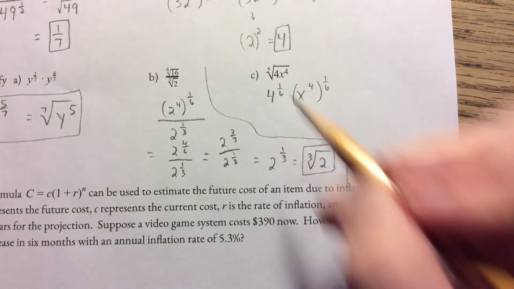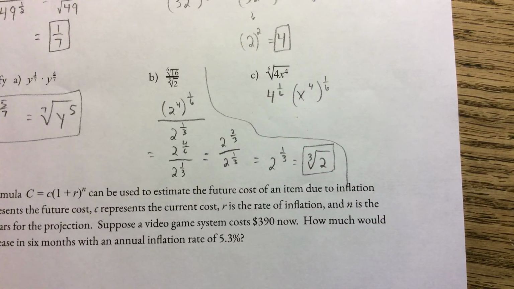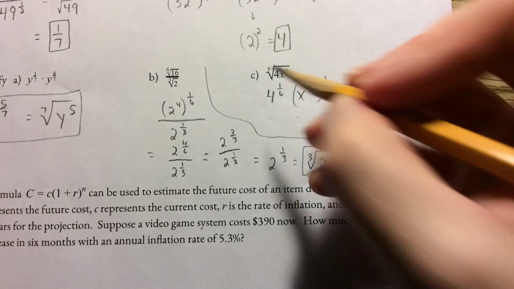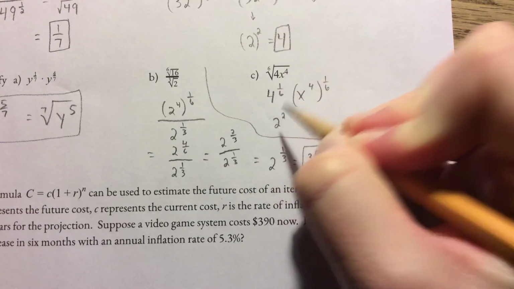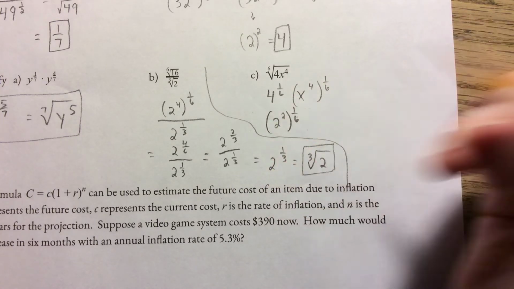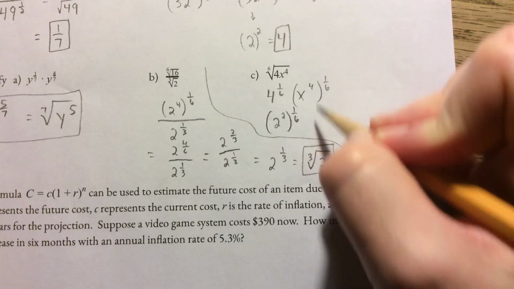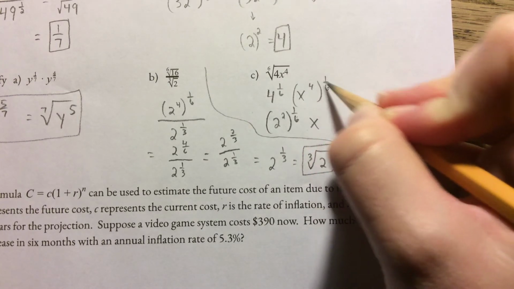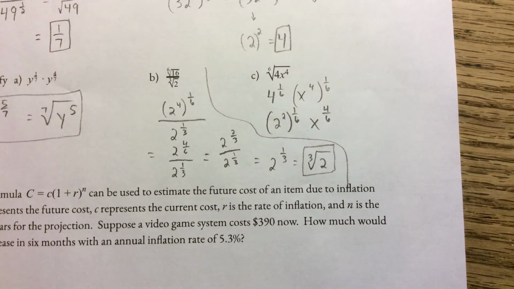Now this 4, I can do the same thing and call it a 2 squared so that I can get bases that are similar. And this would be, if I multiply those, x to the 4/6.